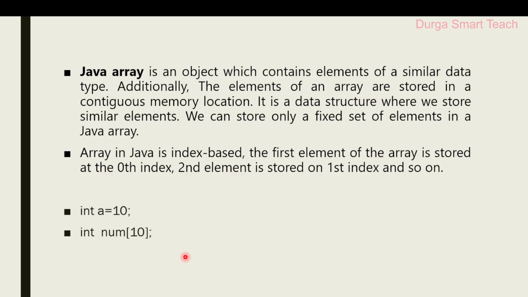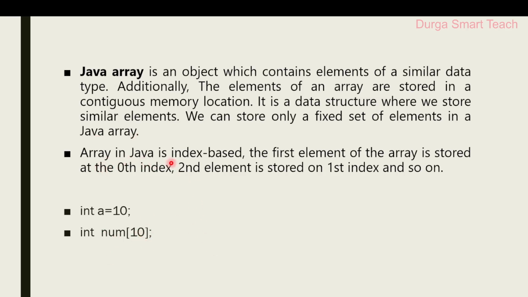Or if you want to store 10 employees' names, all belong to the string data type. We can store only a fixed set of elements in a Java array. Here 10 means you can store only 10 numbers, not more than 10 numbers.